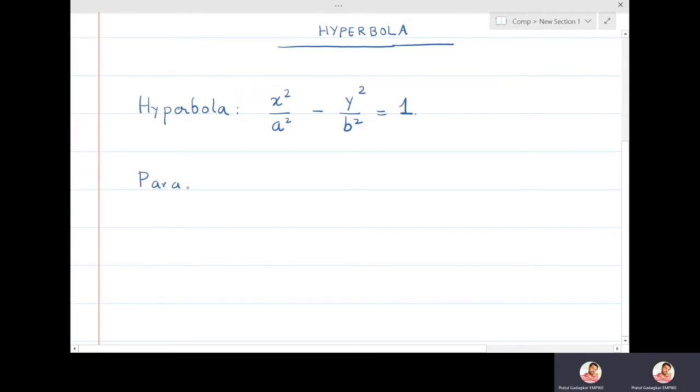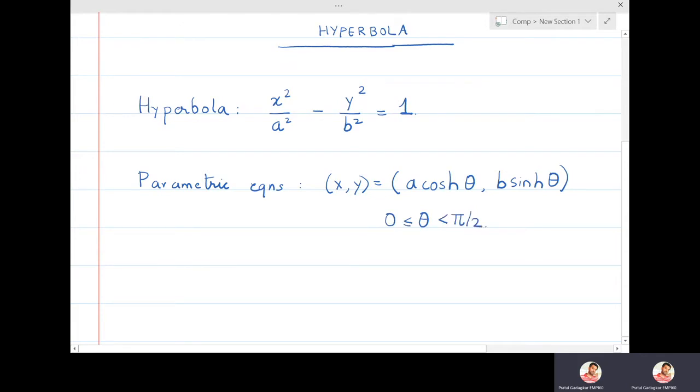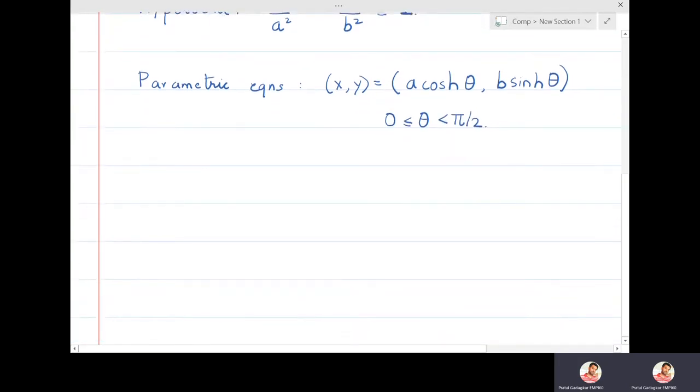The parametric equations are x comma y is given by a cos hyperbolic theta comma b sine hyperbolic theta, where the value of theta varies from 0 to pi by 2. Okay, so this is the way we are going to get the hyperbola.